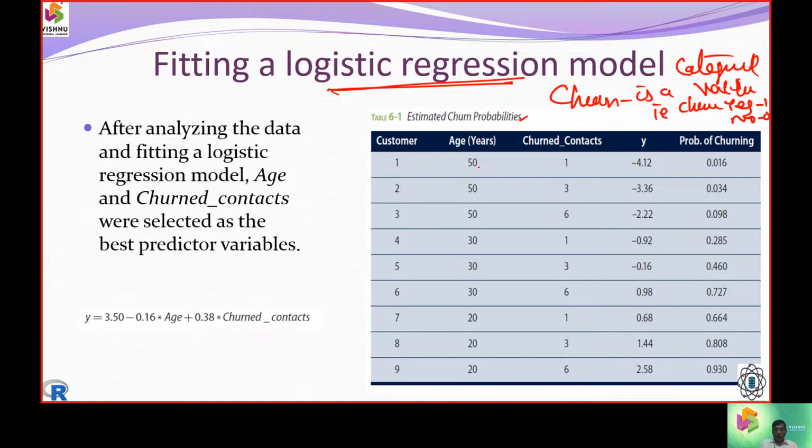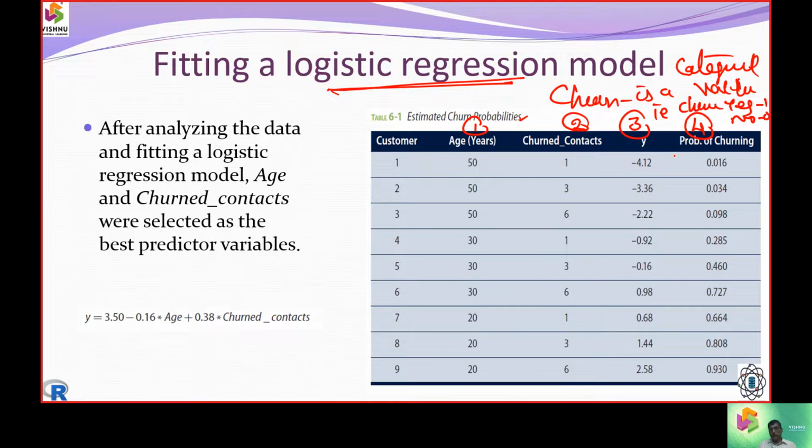So for that, what are the attributes? One, you can take age. Two, you can see how many friends have already churned from this company to other companies. That is churn contacts. Third one, the Y value, which is going to be the outcome. And fourth one, what will be his probability to churn or not?